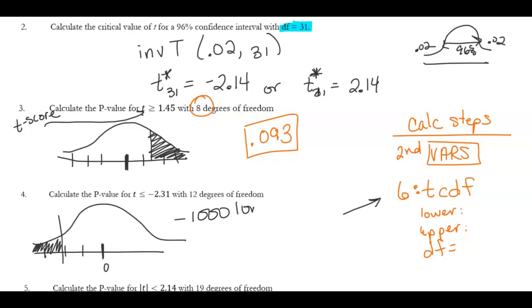That would be your lower. And then your upper is the negative 2.31. And then for this one, your degrees of freedom is 12. And so this is 0.0197 or 0.02. Because that 7 pushes that 9 up, which pushes that 1 up to a 2.